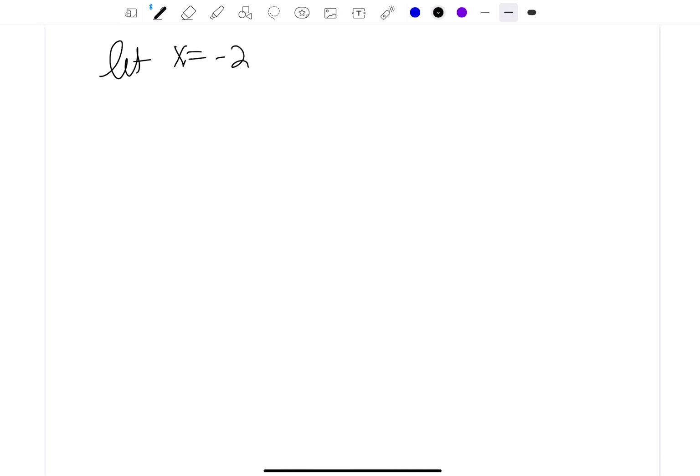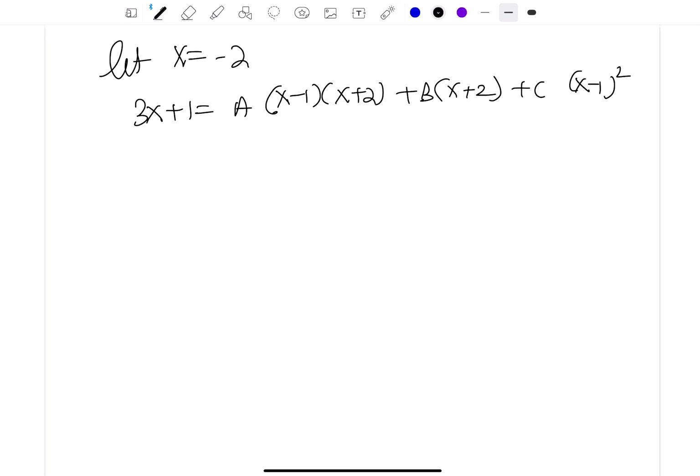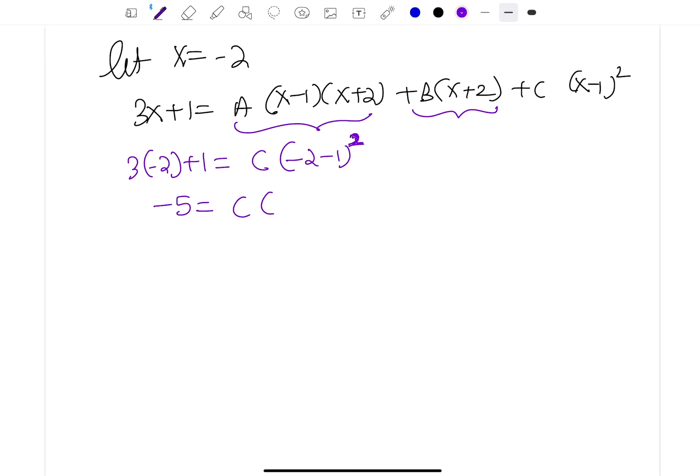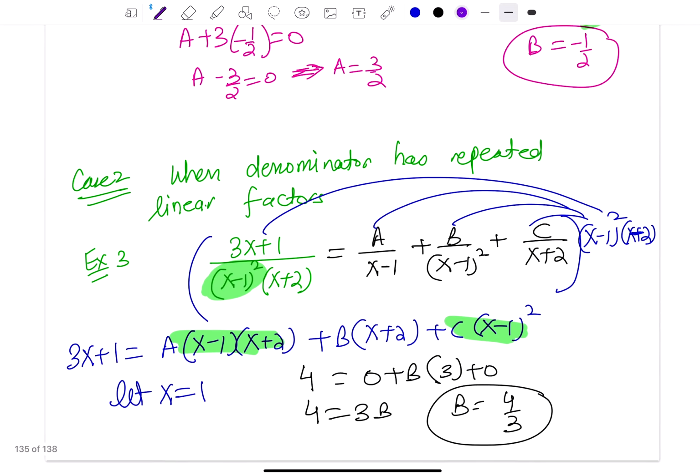So our equation was 3x plus 1 equals a times... If x is negative 2, these two factors will turn into 0. We just found c as negative 5/9, and we also found b.